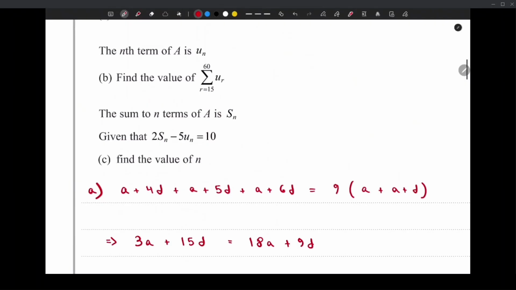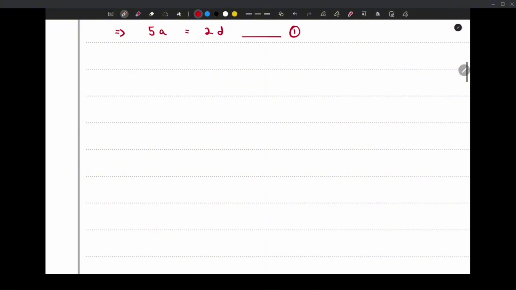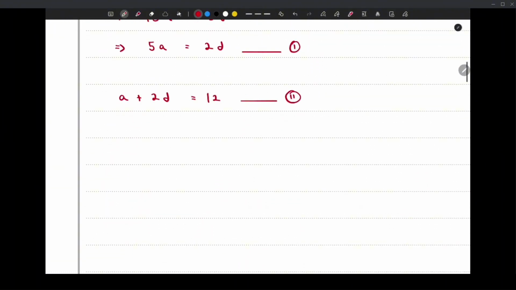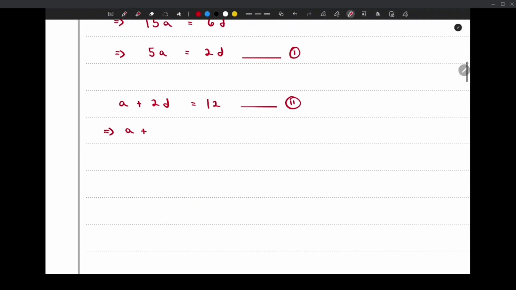Now in order to find the second equation: the third term of a is 12. So we can say that a plus 2d equals 12. So this is our second equation. Now we need to find the first term and the common difference, basically the value of a and the value of d. As you can see, the value of 2d can be replaced by 5a.